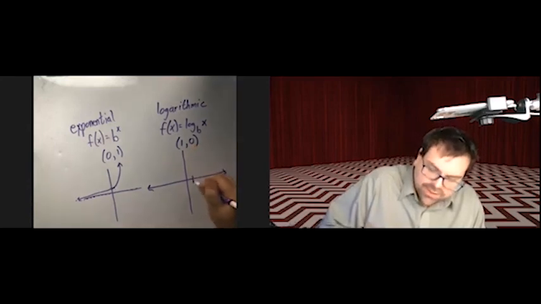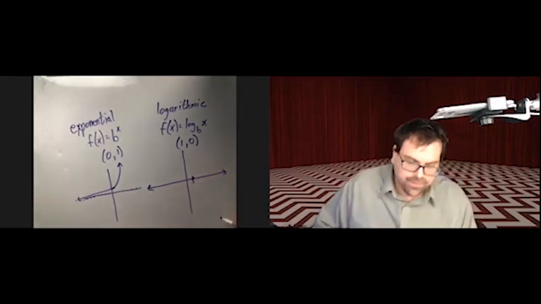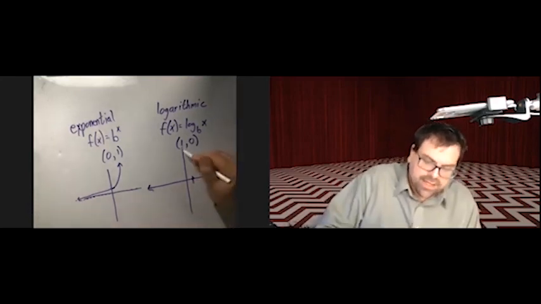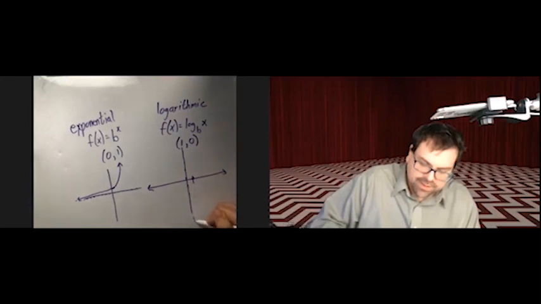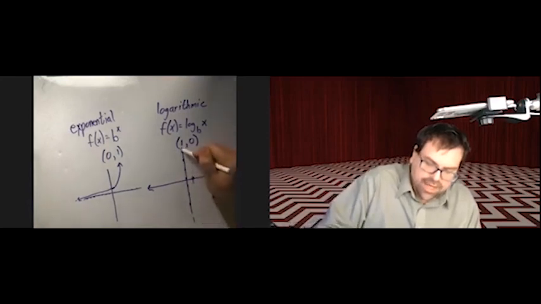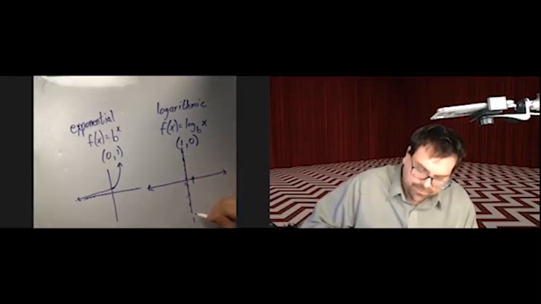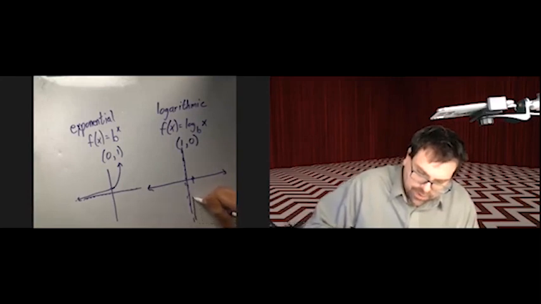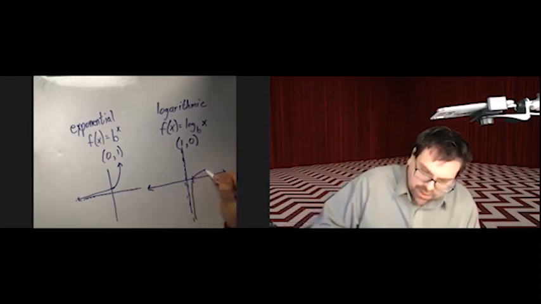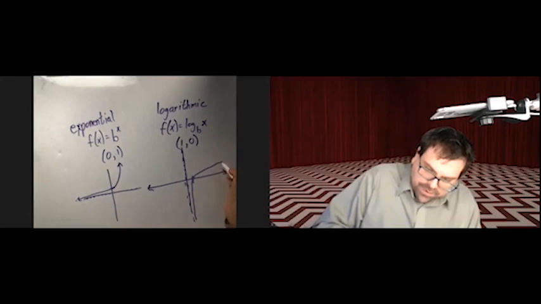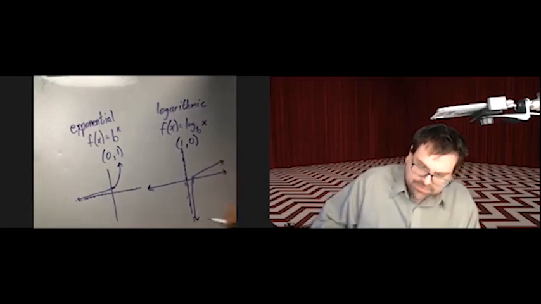But 1, 0 is a point here. This one has a vertical asymptote on the y-axis. And it looks like this.